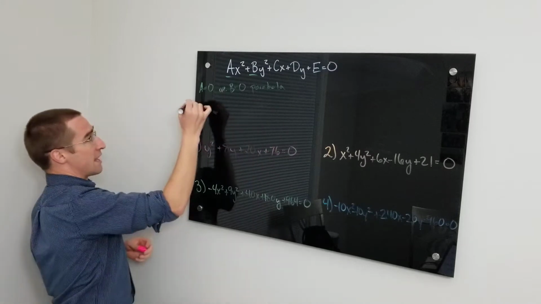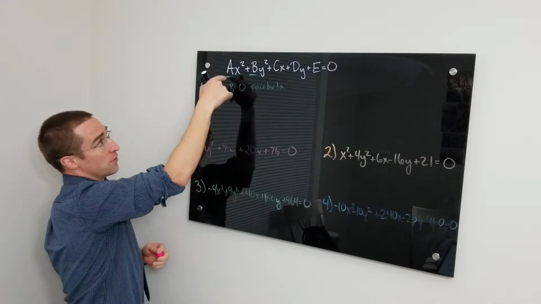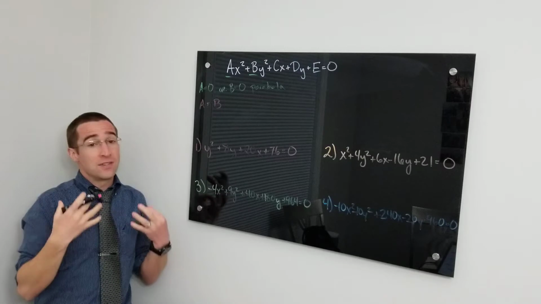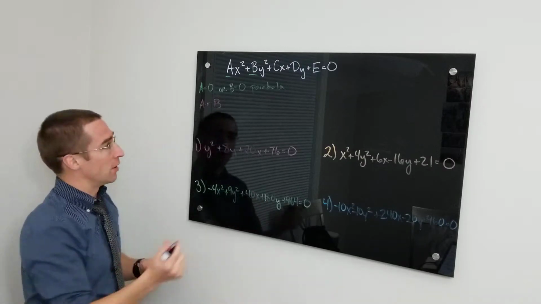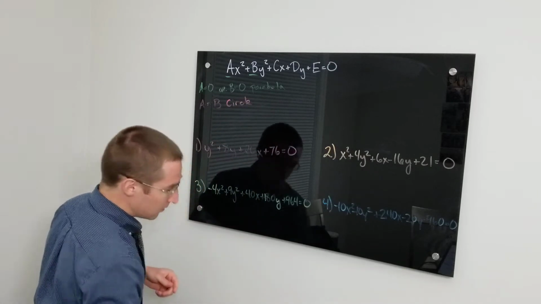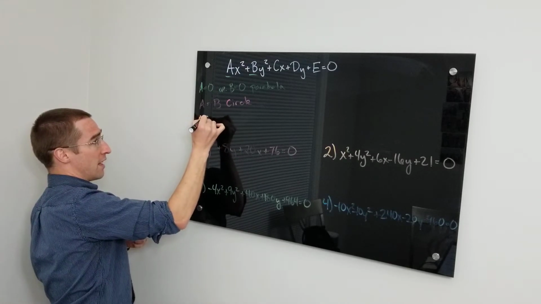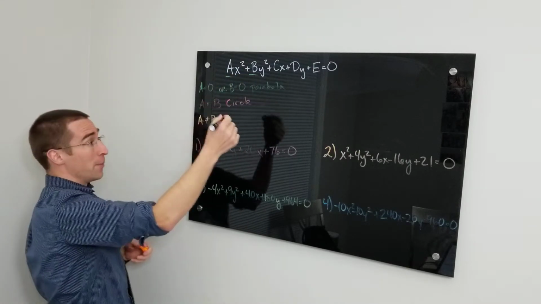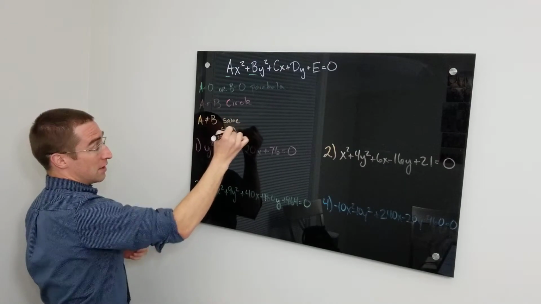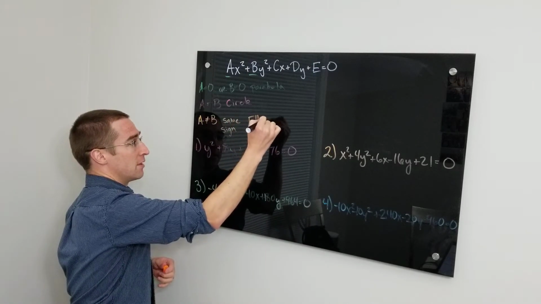Now, if A is equal to B, so if these are the same number, the same positive number, the same negative number, doesn't matter, if it's the exact same number and they're not both 0, you're going to get a circle. If they're different numbers, so A is not equal to B, and they have the same sign, in other words, they're both positive or they're both negative, you're going to get an ellipse.